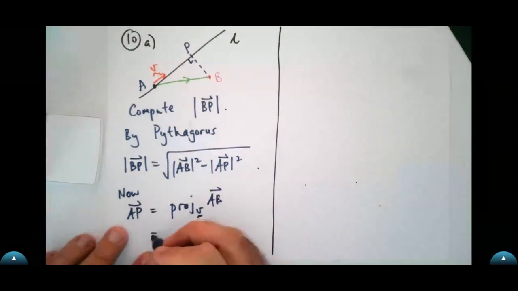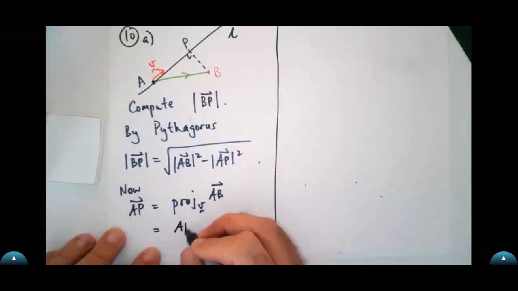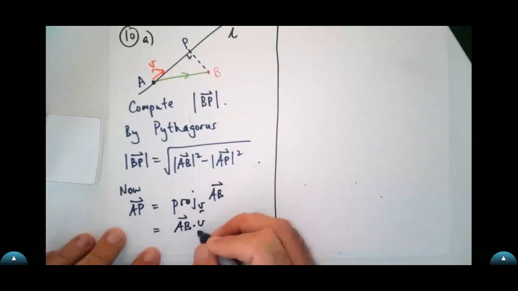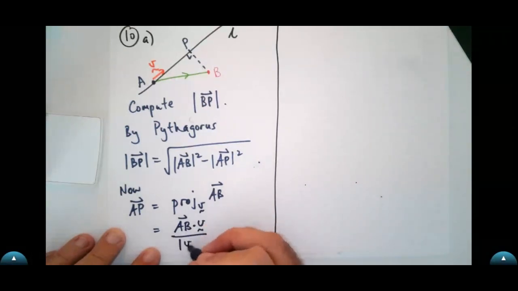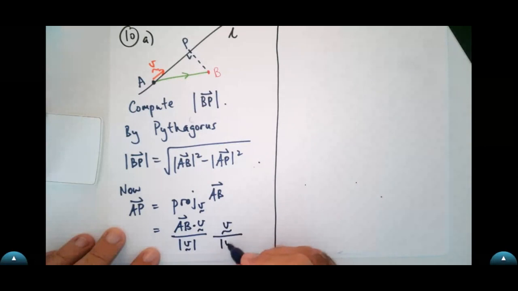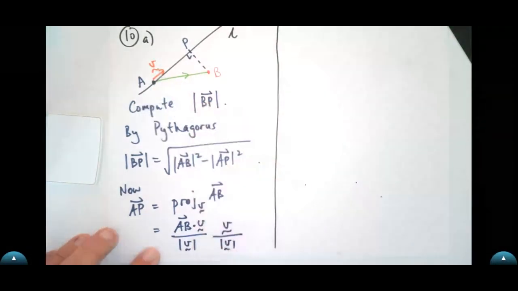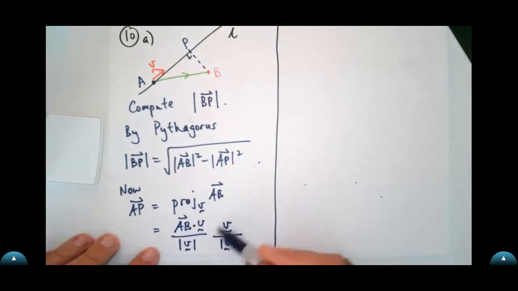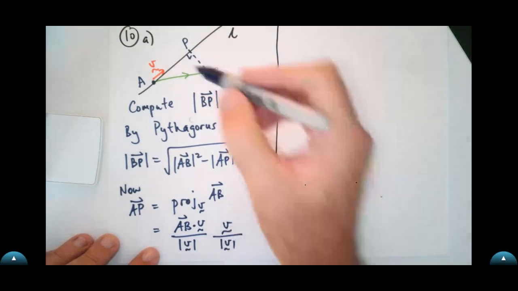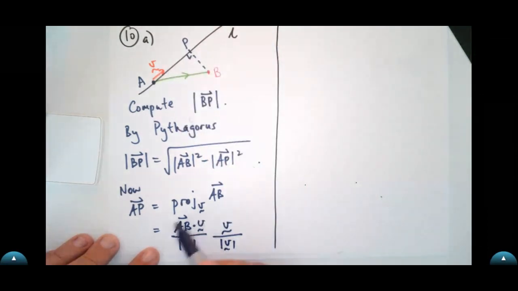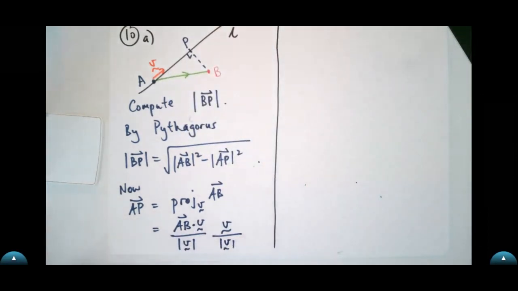Well, it's just the dot product divided by the length and multiplied by a unit vector in the same direction as V. So this is a unit vector. It has length 1. It points in the same direction as V. And this is kind of like a signed length.